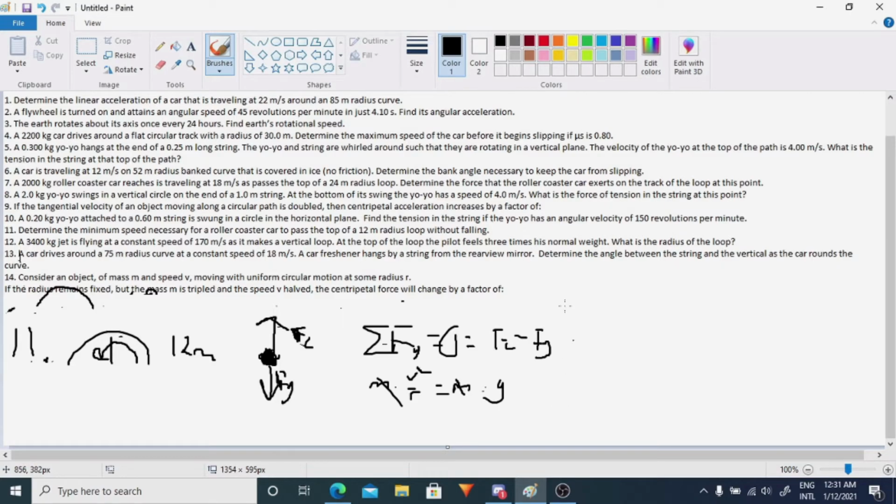We have v squared over r equals g, which means v equals root gr. As r is 12 meters, root of g times r comes out to be 10.8 meters per second. That's our answer.